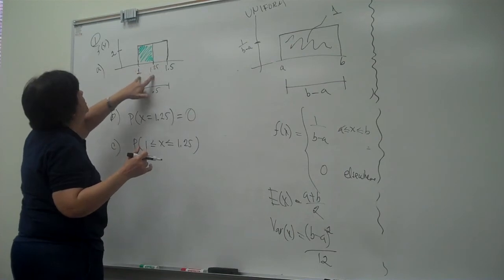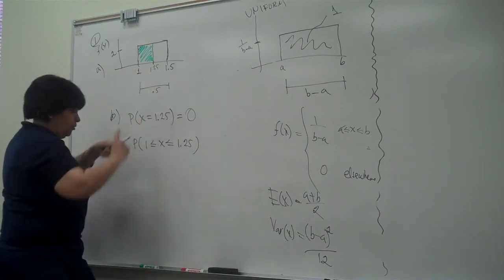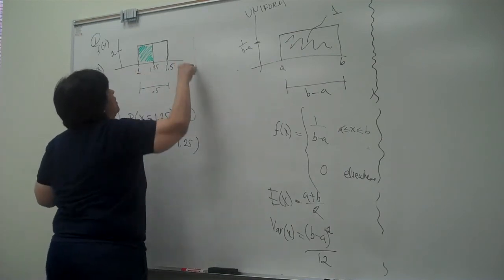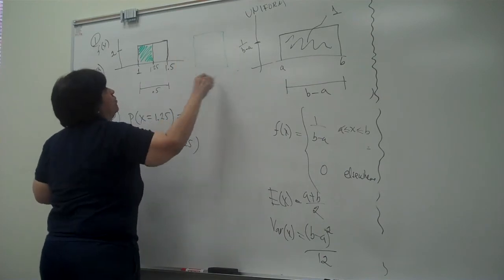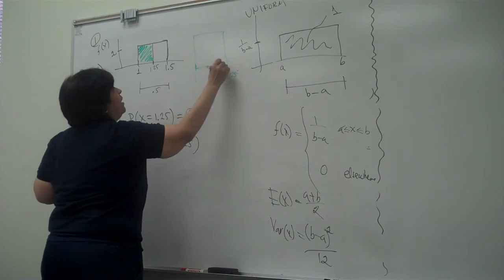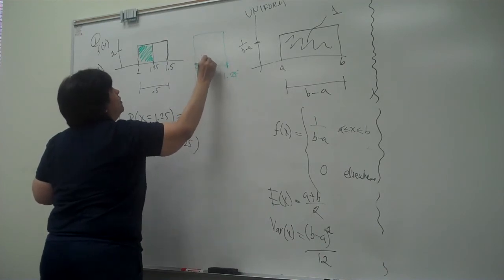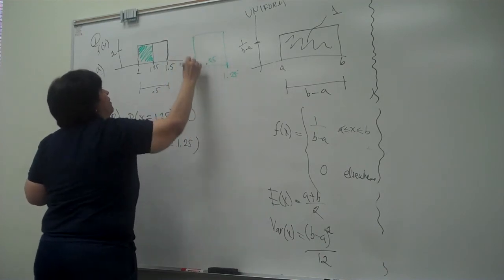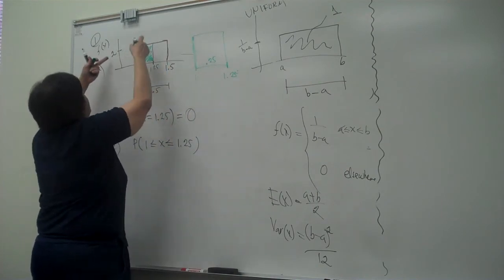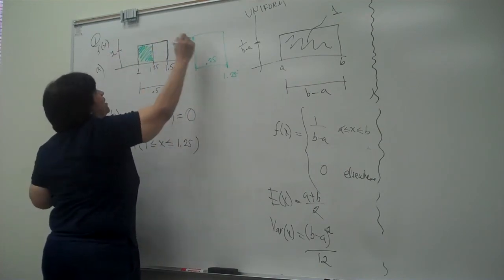Let me draw the rectangle over here. This is 1, this is 1.25, so this length has to be equal to 0.25. And the height of this rectangle is 2.